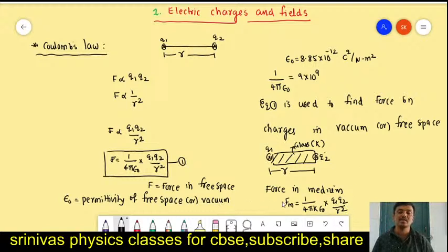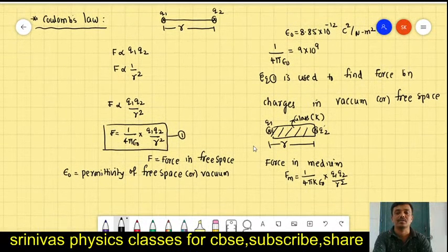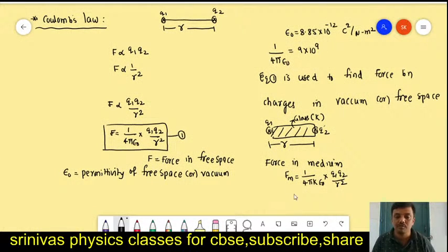So the force in medium is equal to the force in free space divided by k.